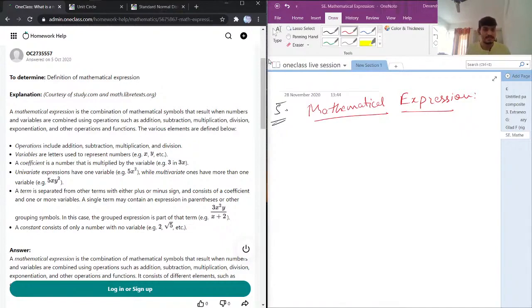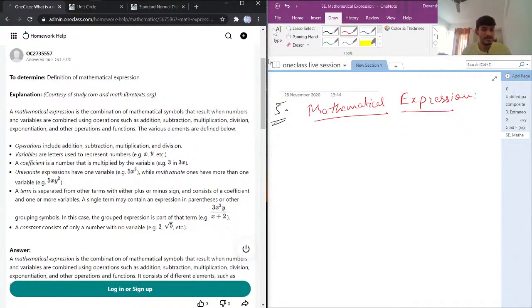Variables are letters used to represent like x, y, z. A coefficient is a number that is multiplied by the variable. Univariate expressions have one variable, while multivariate ones have more than one variable. So it is 5xy square.